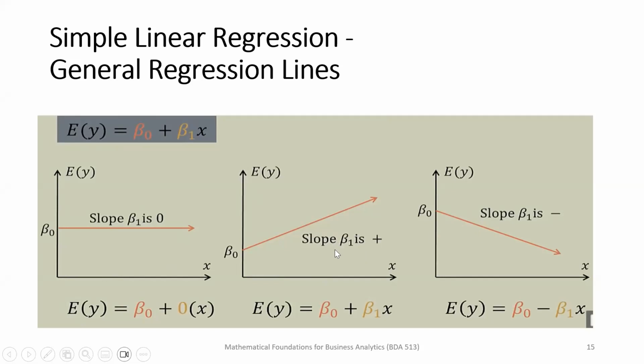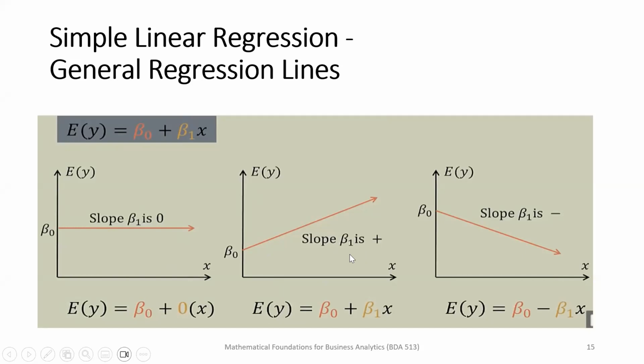Now this is reflected in the equation. For the expected value of y, the first one has no slope, it's just the intercept. When you look at the second graph, there is the intercept plus b1x, so beta sub 1 x is the slope.